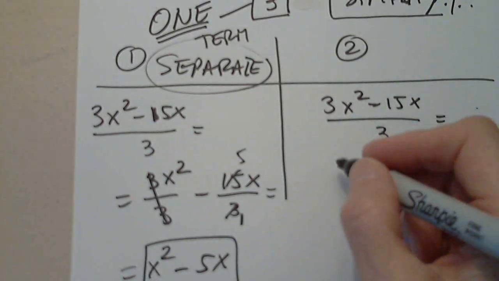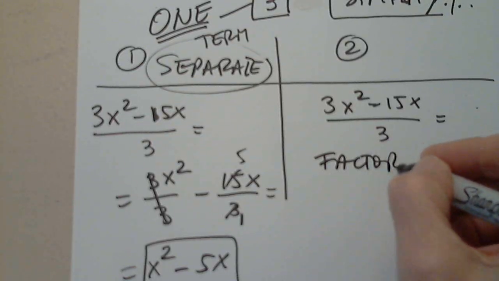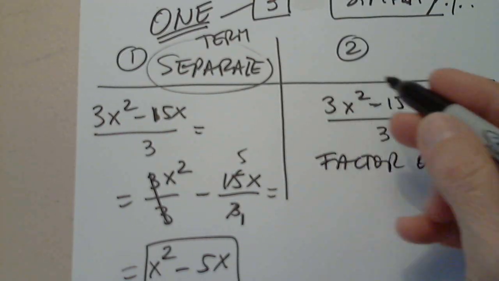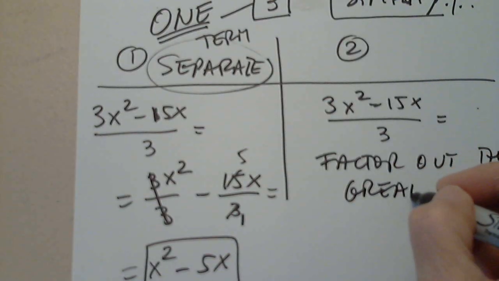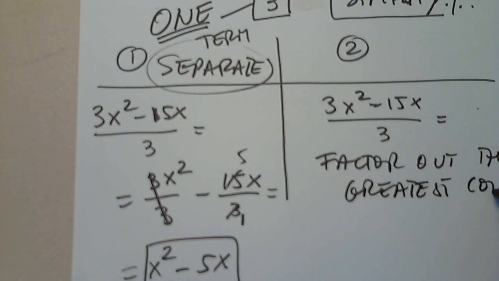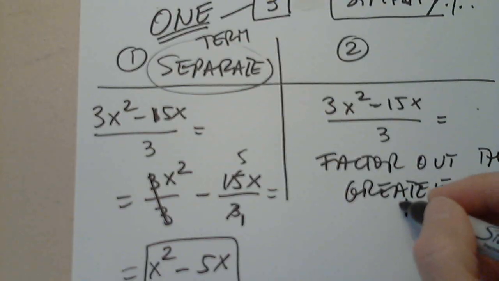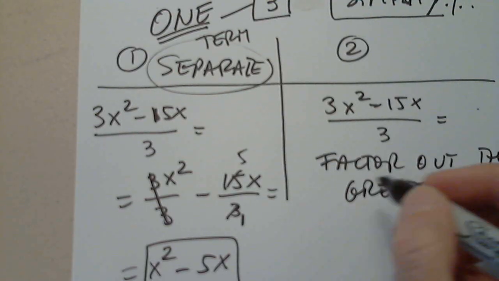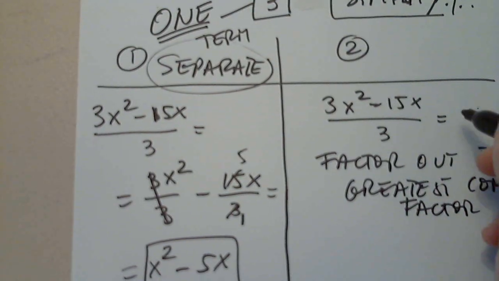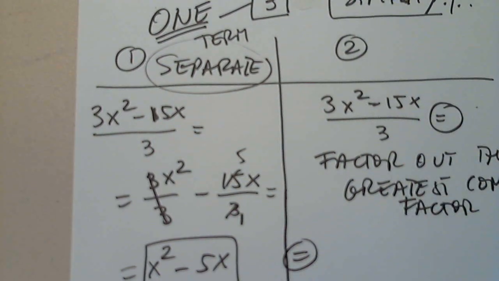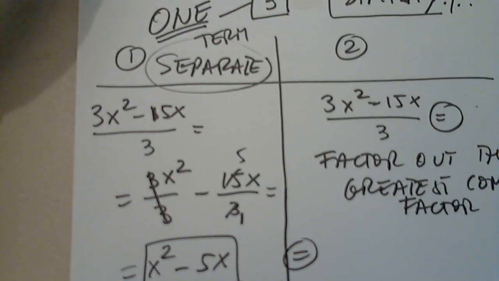I will factor out, of course in the numerator, the greatest common factor. So option number 1 works because I have one term in the denominator.